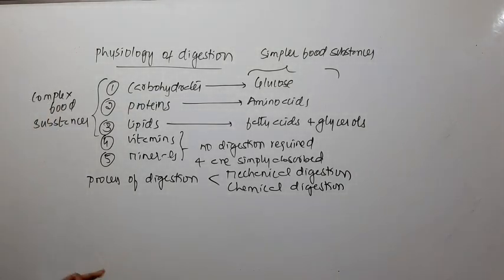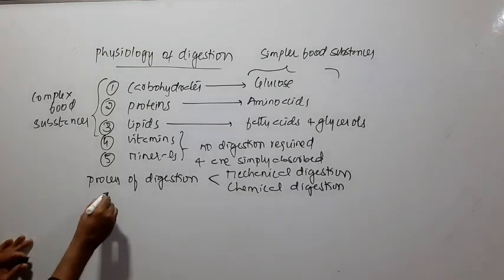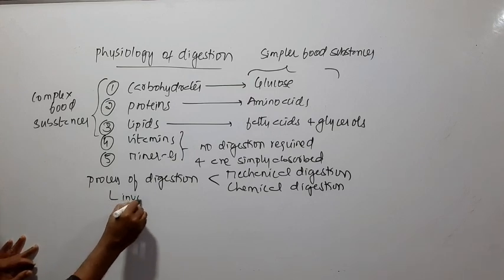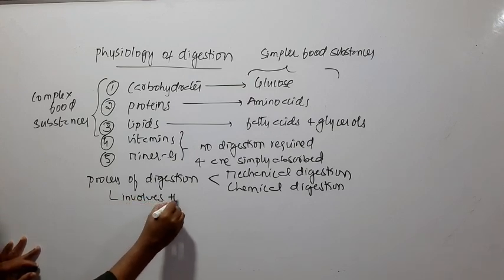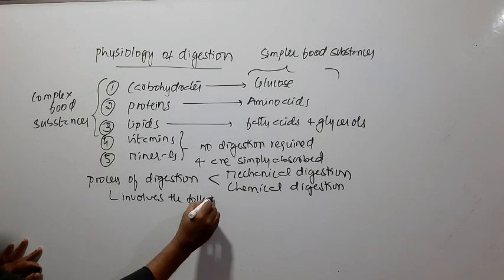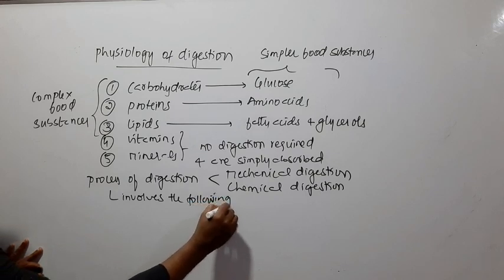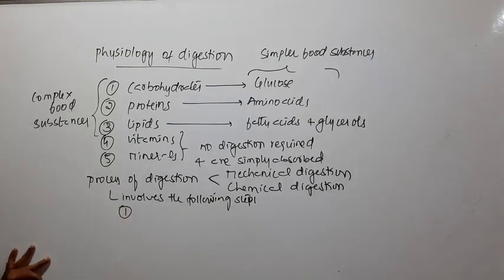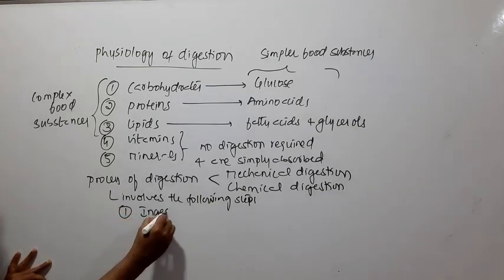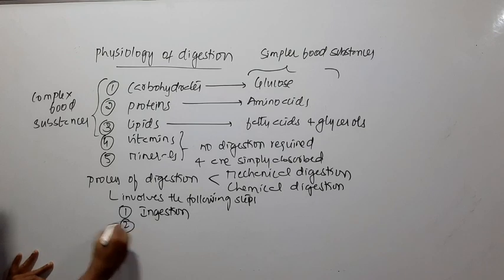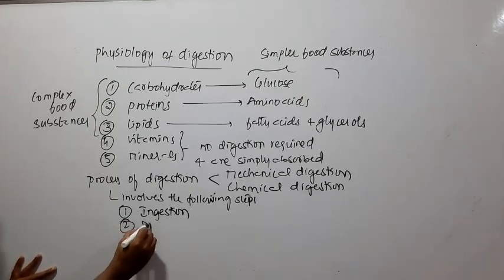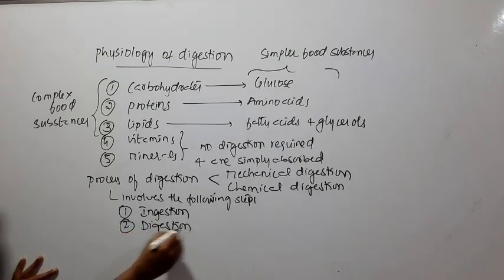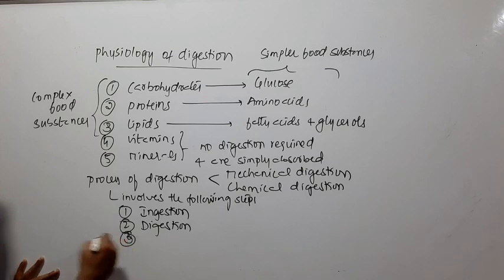So in our case we have both mechanical and chemical digestion, and the process of digestion involves the following steps. First ingestion, that is taking of food, and then digestion, breaking down complex food substances.